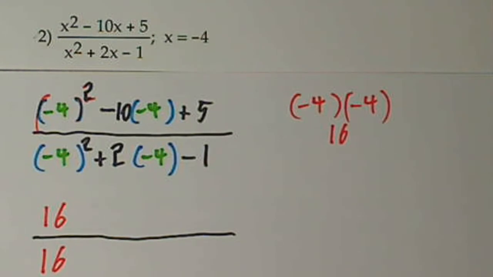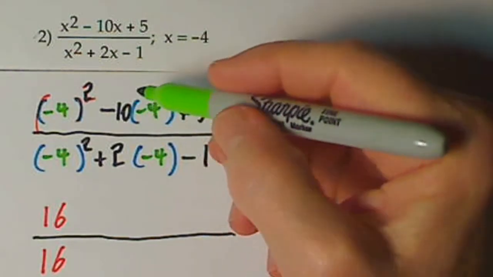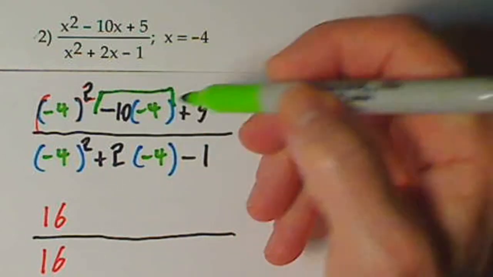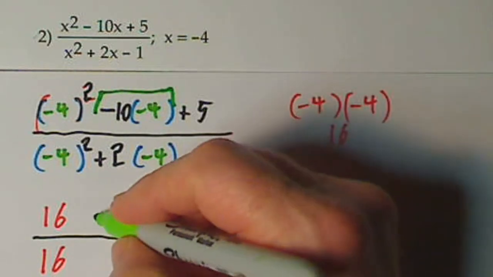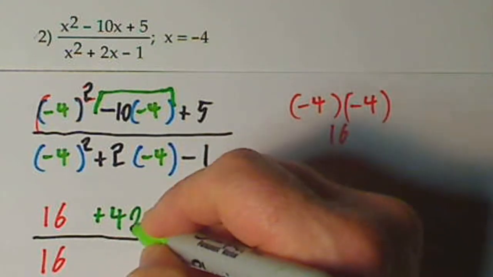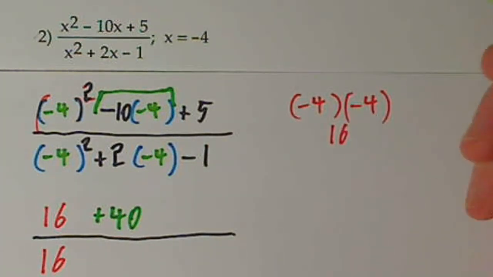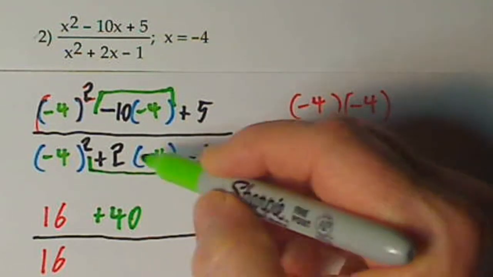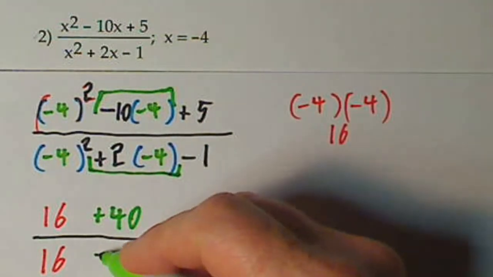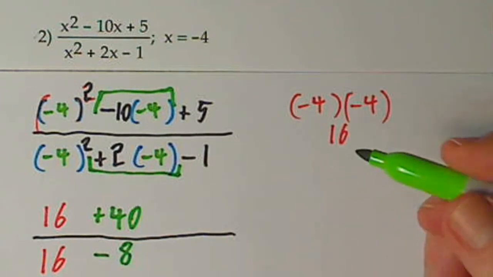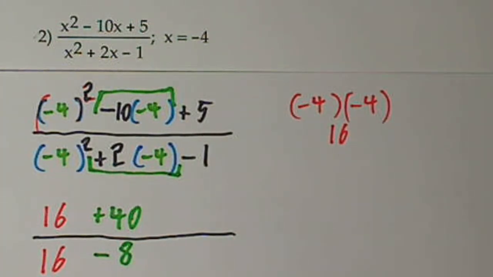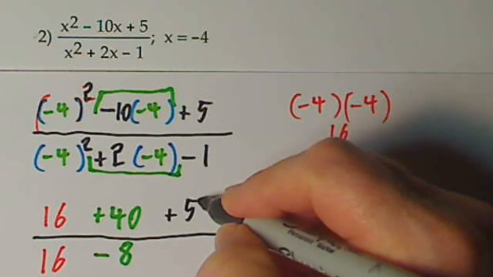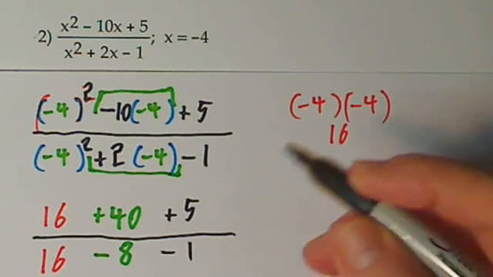And let's see. This is a -10 times a -4. That'll give us a +40. And then on the bottom, positive 2 times a negative 4 gives us a negative 8. Then we'll just bring down whatever we haven't touched, which is our positive 5 and negative 1.